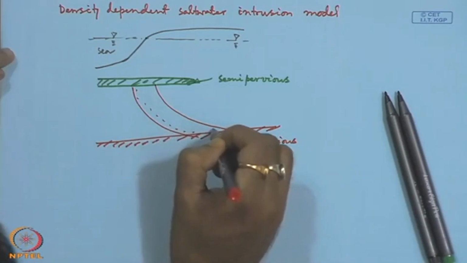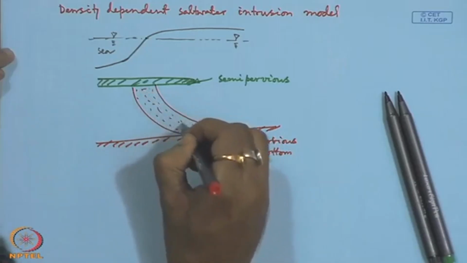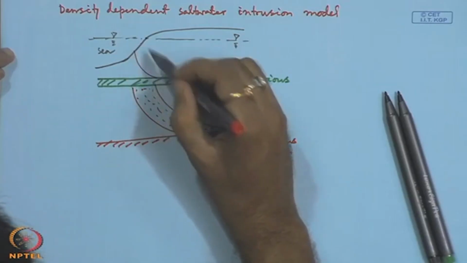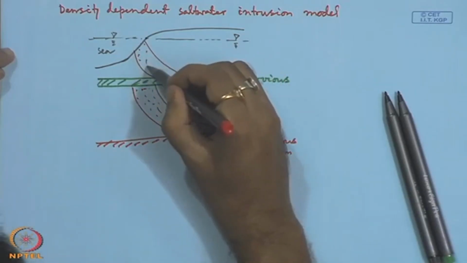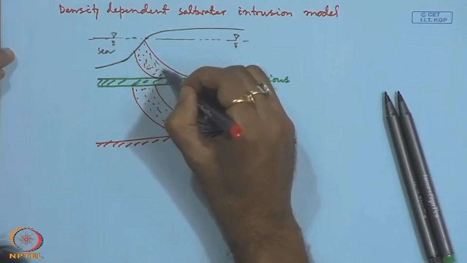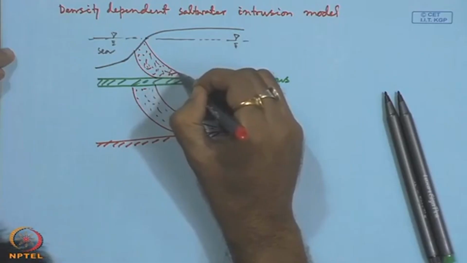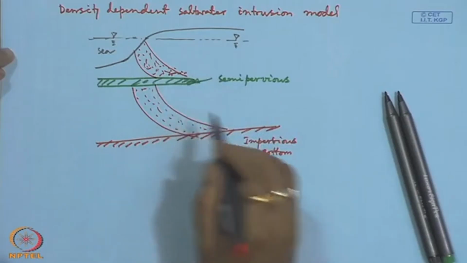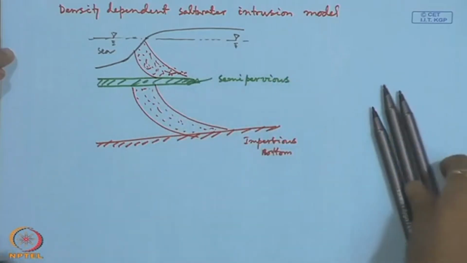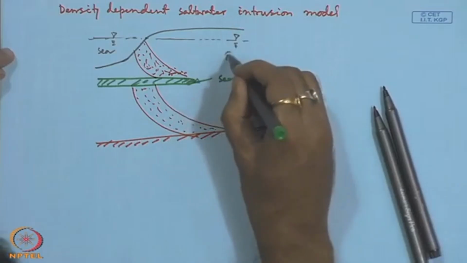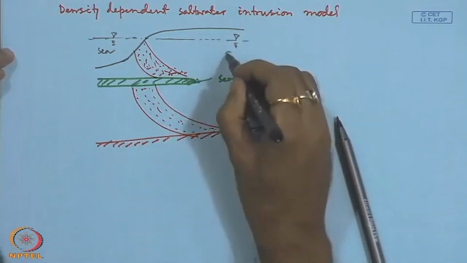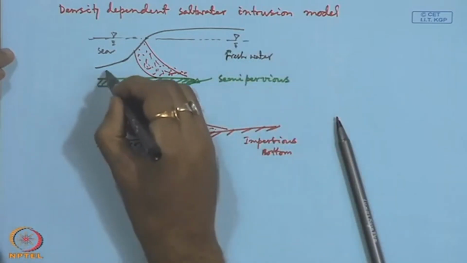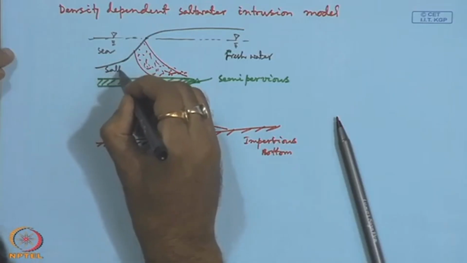This is the location of the transition zone. In the transition zone, it is considered that the density is in between freshwater and salt water.